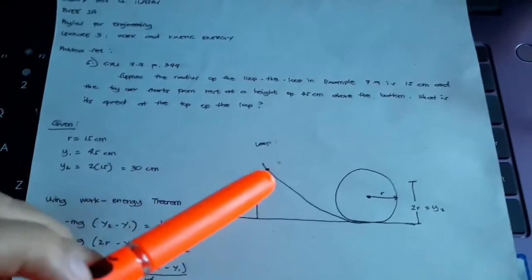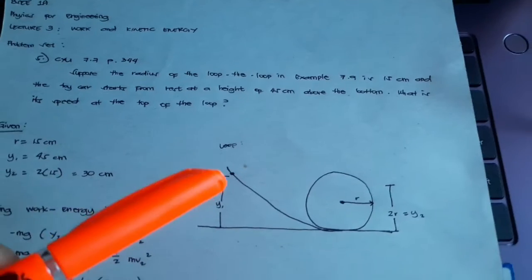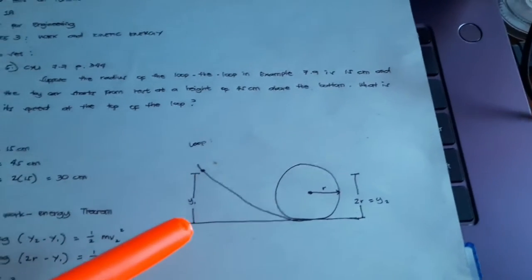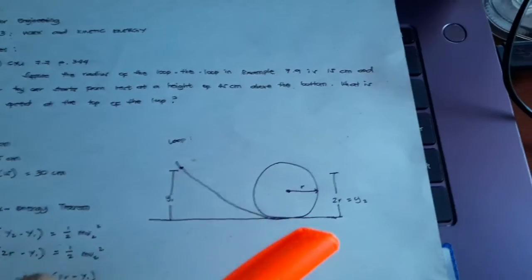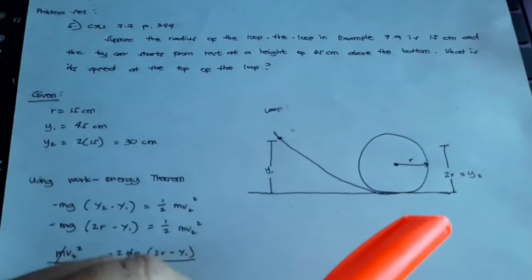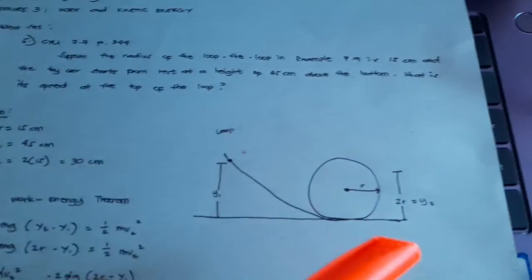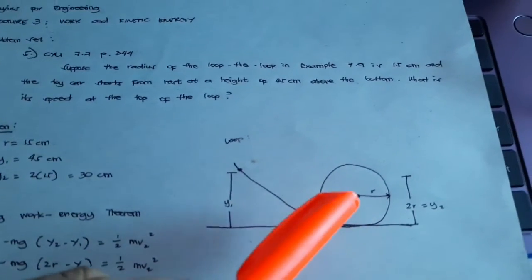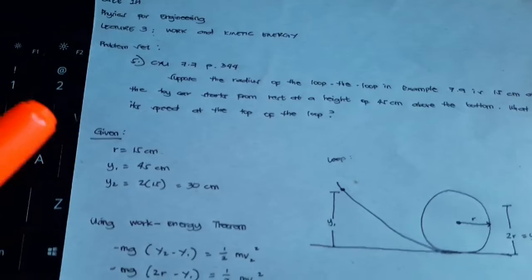So let us start here. As we can see, I drew a loop diagram. Then we have y1, then y2, in which y2 is the height of the loop, and this is the radius of the loop. So these are the givens.